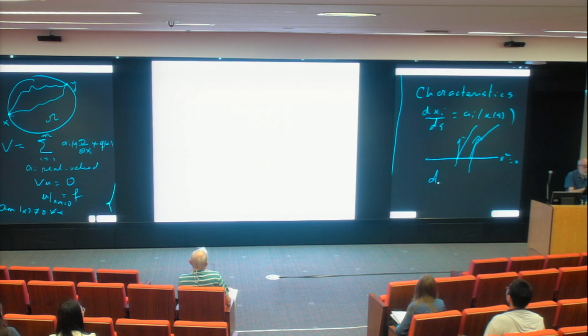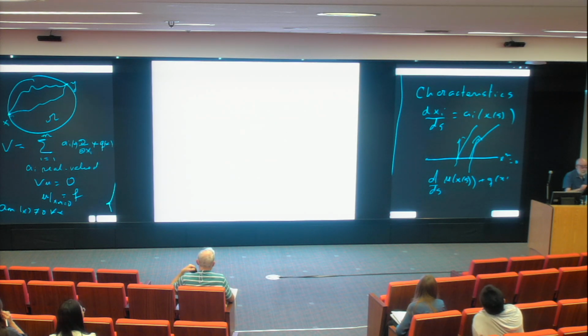So the solution you're looking for, d/ds of U of x(s) plus Q of x(s) U will be equal to 0, and x at 0 is x0. The initial point is f of x0. Let's take x0 to be this point.